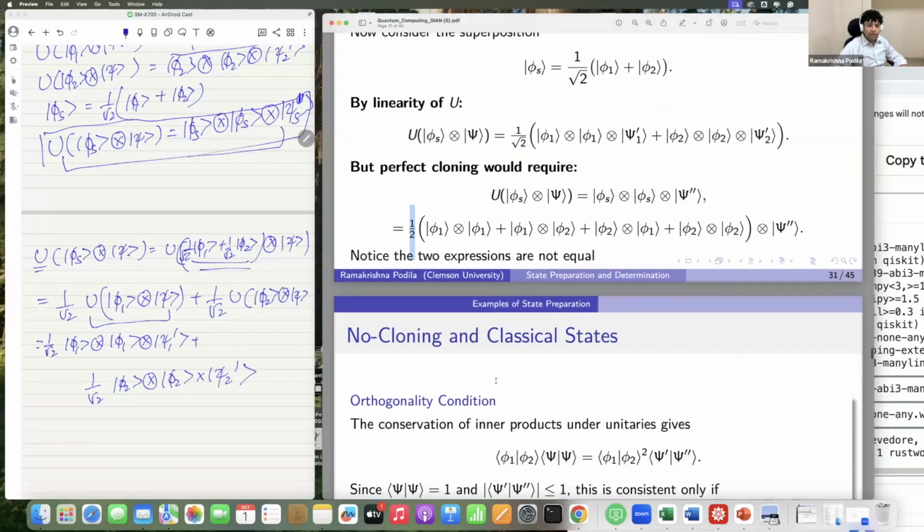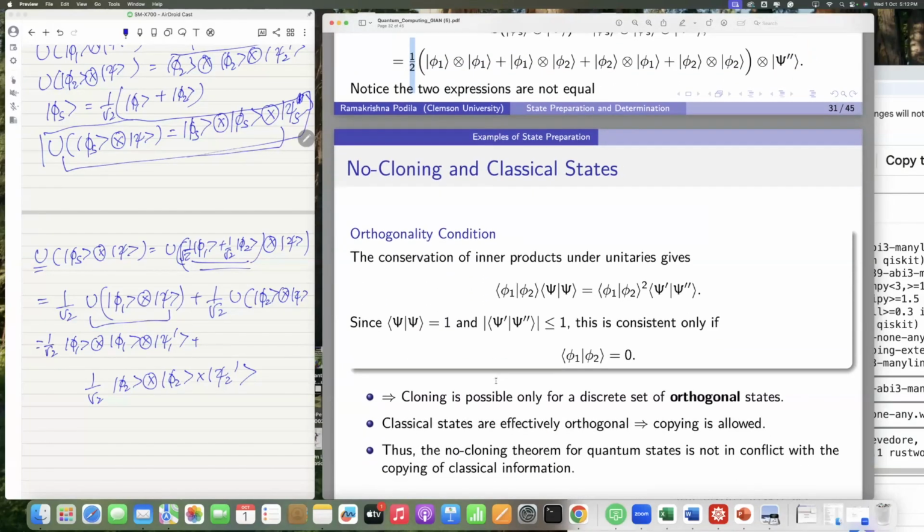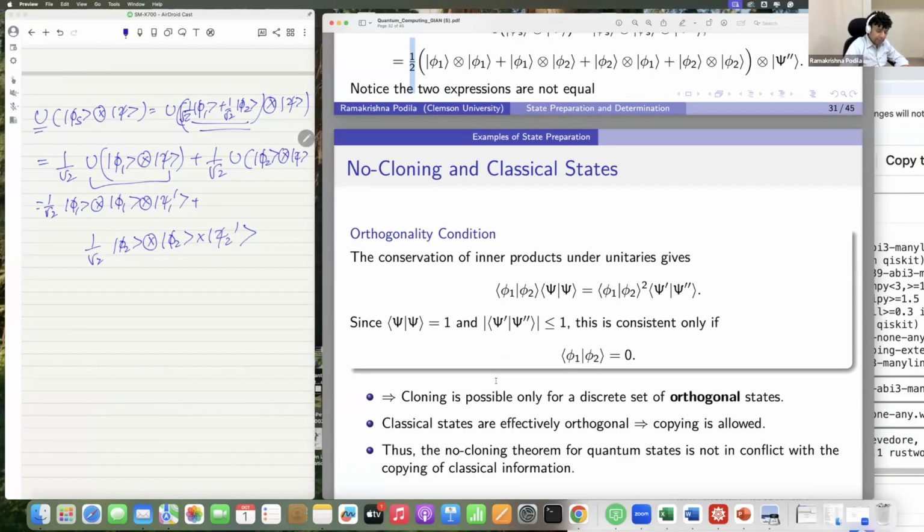So let's do that here. I have that here, right? So basically what we are saying is that if I take the first expression, let's say I take u with phi 1 and I have the device in state psi, then I would get phi 1 crossed with phi 1, and the device is going to be in state, let's say, psi 1 prime.